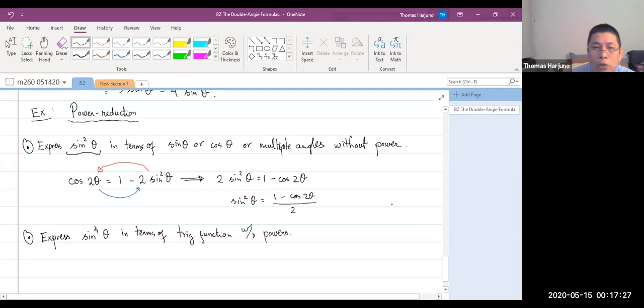So we will not use any sine to any power, and any cosine to any power. We'll just use sine or cosine of multiple angles if necessary.